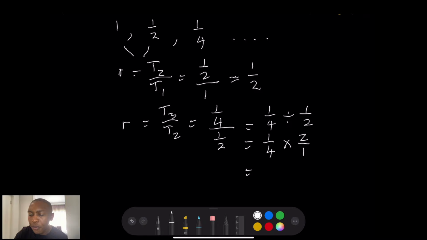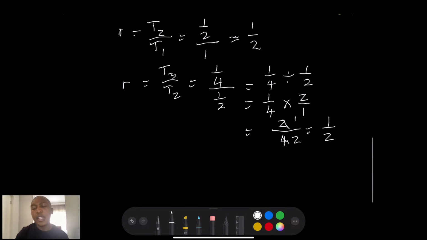So what I'm going to have is 1 over 4 multiplied by 2 over 1, and I can simply multiply the numerators. 1 times 2 is 2, and 4 times 1 is 4. And you'll see 2 goes into itself once and it goes into 4 twice. So this is the same as 1 over 2. So definitely we've got a constant, or a common ratio in this case, of 1 over 2.